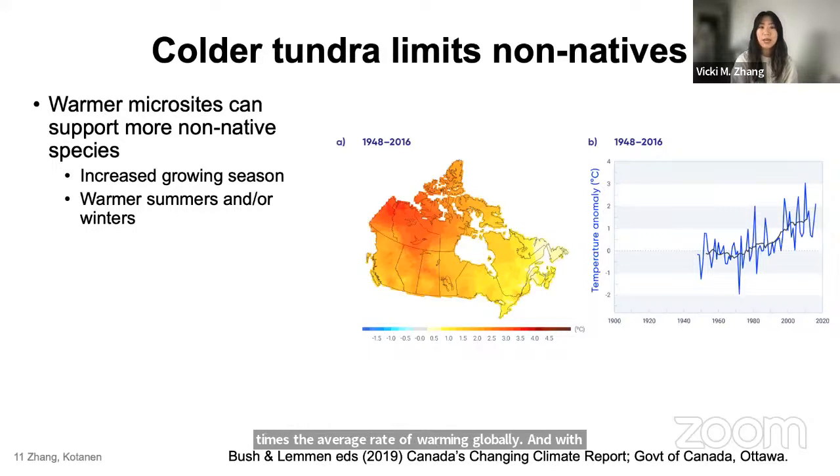And with this warmer climate means that there is a greater potential for non-native species to invade. Currently, native species are dominating this environment as they've had long periods of time to adapt. But with the warming temperatures, that might create more suitable habitats and niches for non-native species.